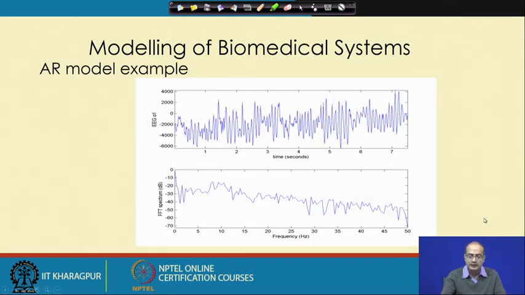Here, we first see an example of the difference we get between taking the FFT directly, that is the periodogram technique, and going for the AR model to compute the spectra. At the top, we show the signal at hand, an EEG of channel O1.